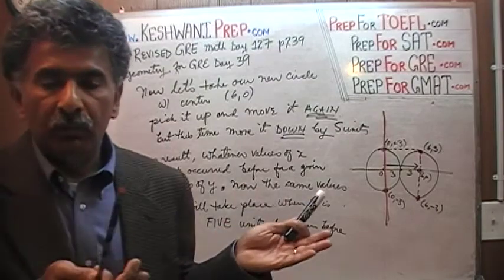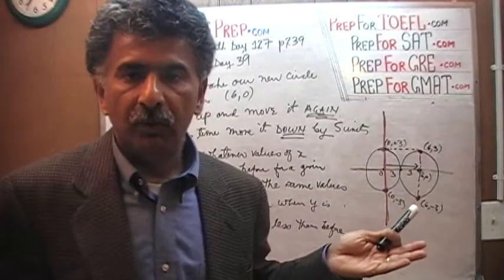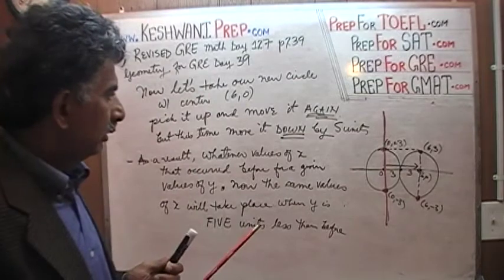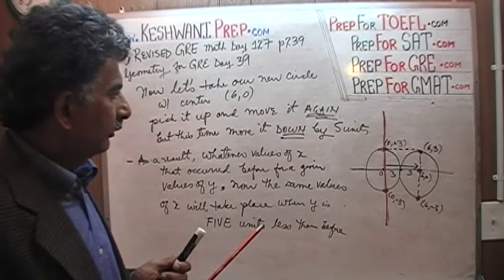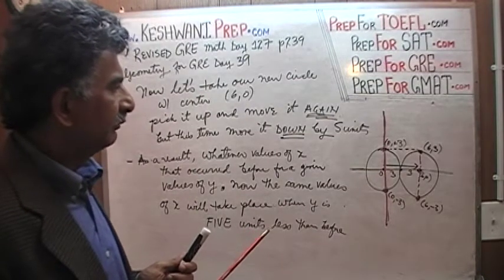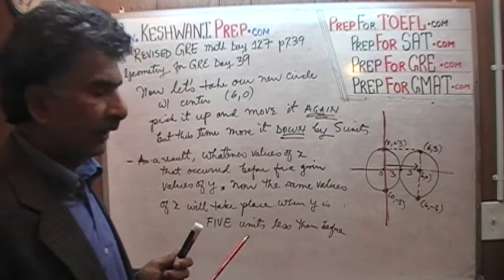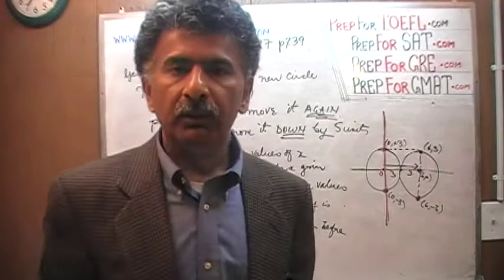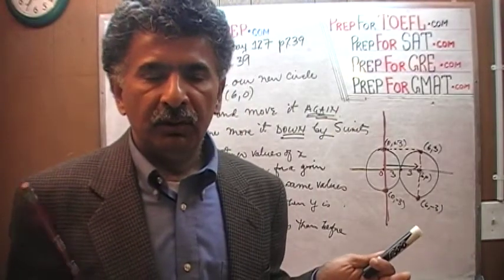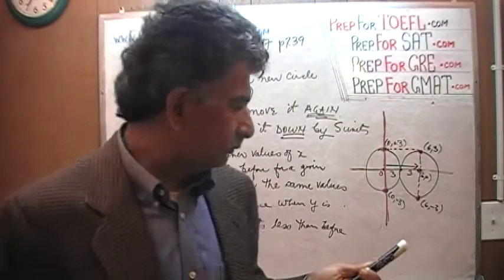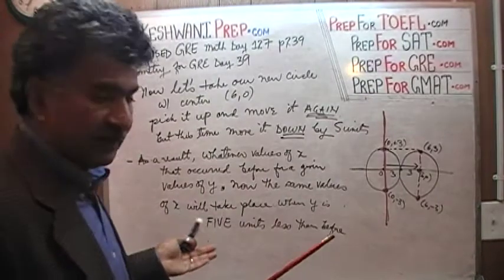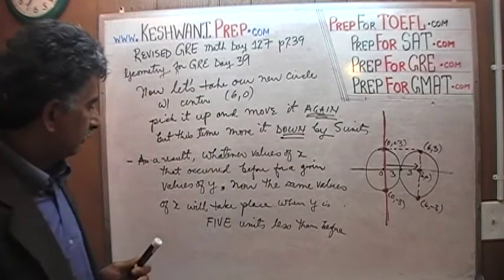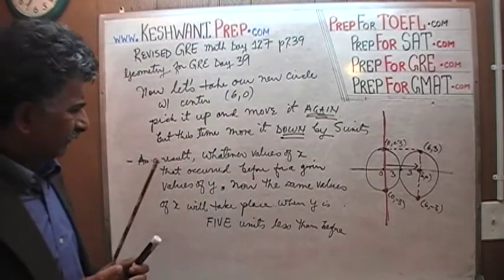Whatever value that we find for the x before, actually I'm not sure it's going to go as high as 5 because the radius is only 3. I take that back. You get the idea. It's going to be 5 units less than before. That's right, I'm not thinking straight. It is 5 units.